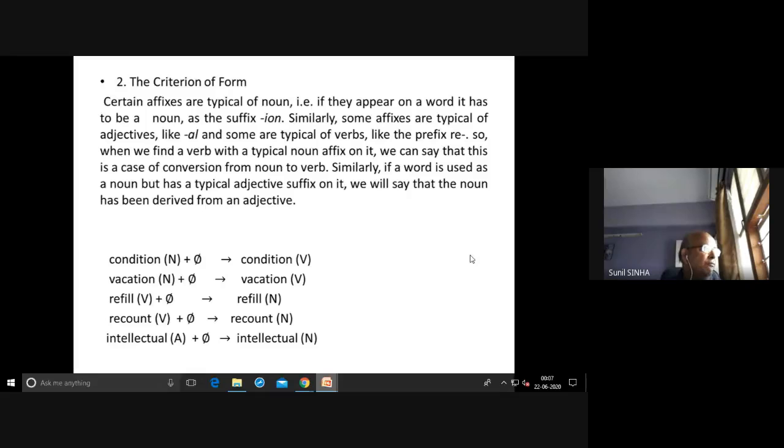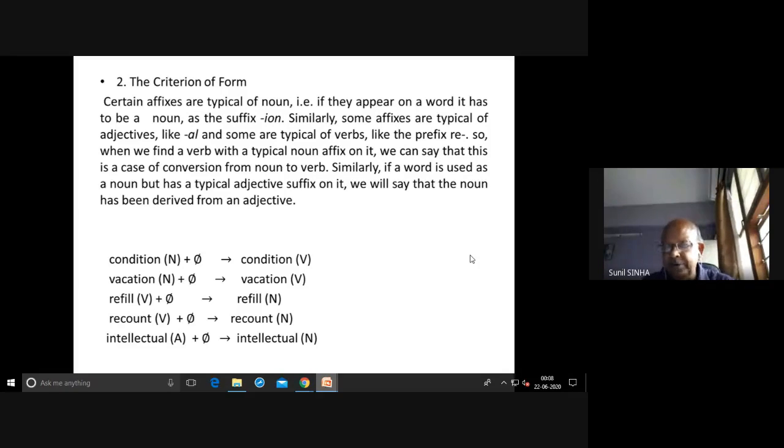And if we have to derive anything from them, we have to derive from the verb. So refill is basically a verb, and then refill as a noun has been derived from it. How? That is, I put a refill in my pen. Refill my glass with water. I have refilled your glass with water. Now this is a verb, and I put a refill in my pen.